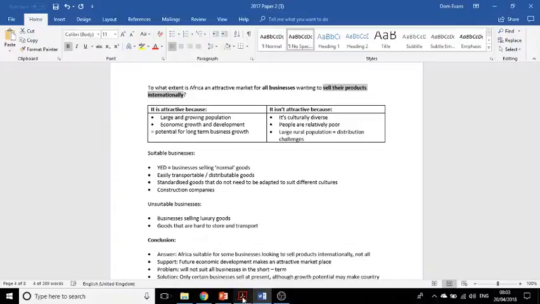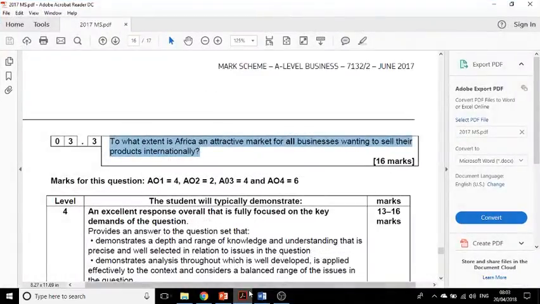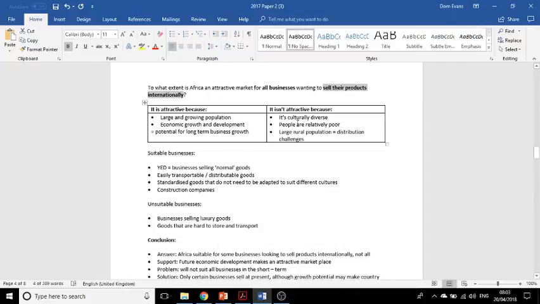However, it isn't attractive because, and this is where you can bring in some of your own information, the question is actually quite vague. If you think about it, Africa is absolutely huge. It comprises a range of countries. We've got South Africa, you've got Botswana in the south, both of which are relatively well developed and developing.